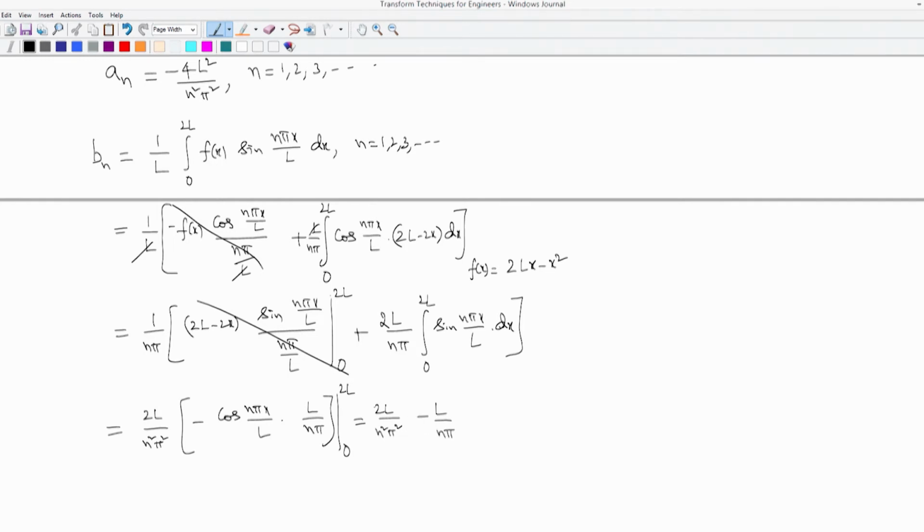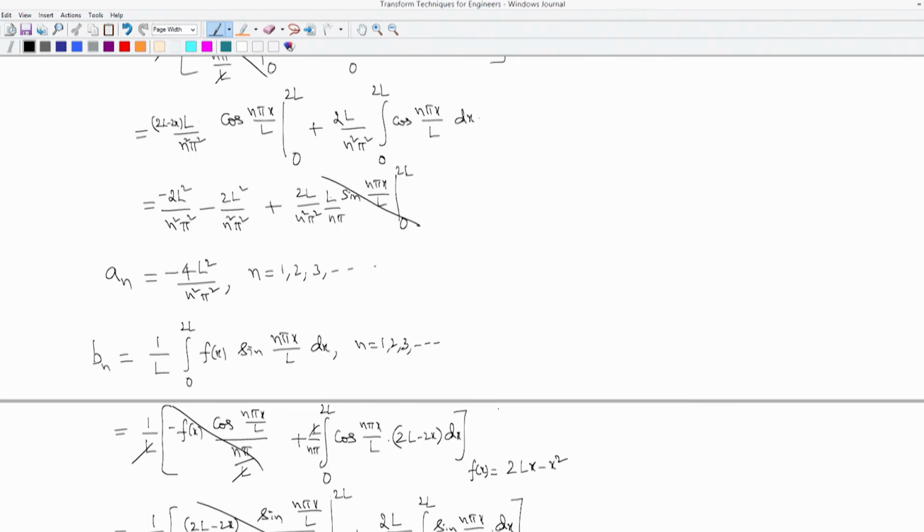Take it out. So, you get minus L square by n cube pi cube, and you are left with only the cosine. Cosine will be minus, that is also 0, okay, 1 minus 1 which is 0.